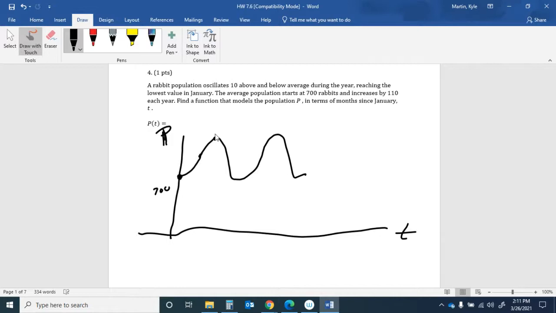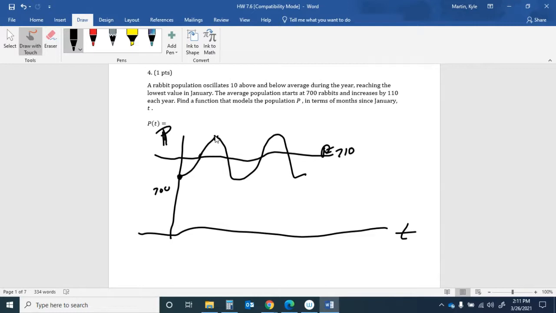All right, my peak: it oscillates 10 above and below the average. So here's my average, the midline. The average is 710, so y equals 710. Then I max 10 above that, because oscillates means it bounces back and forth, 10 below, 10 above.